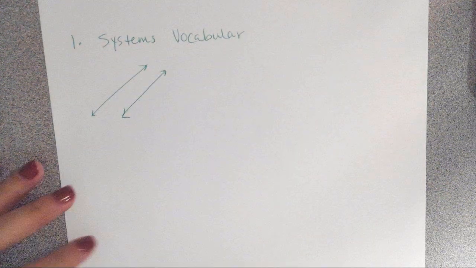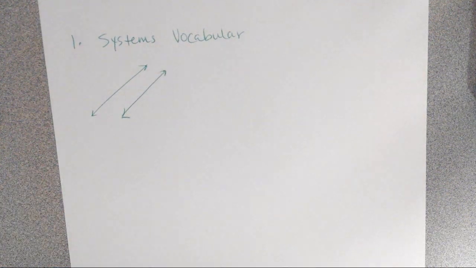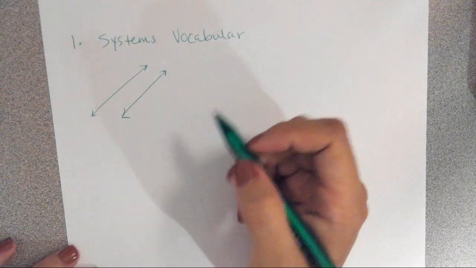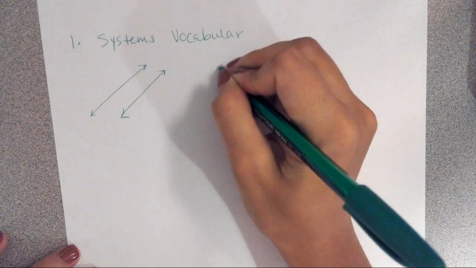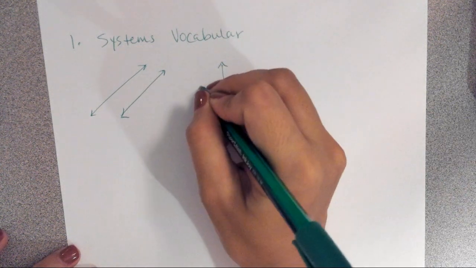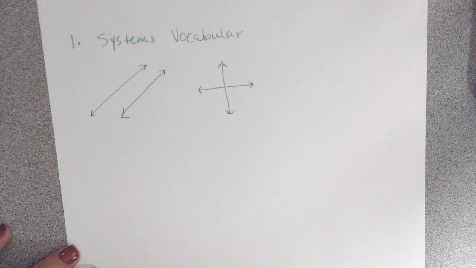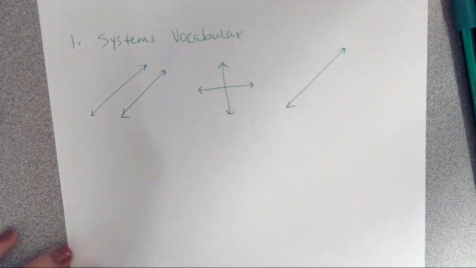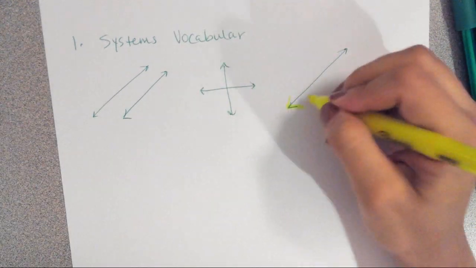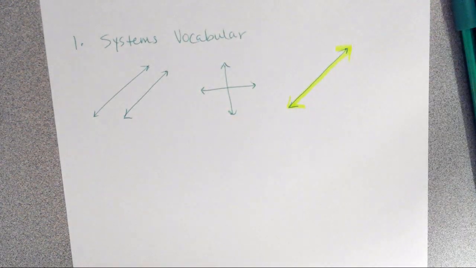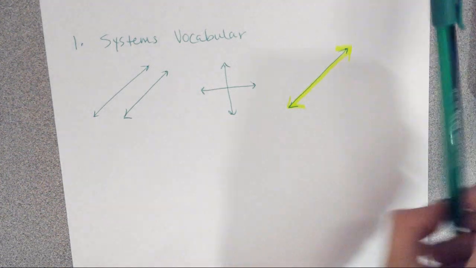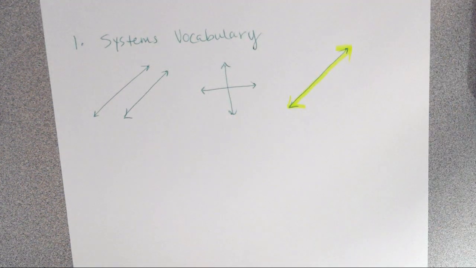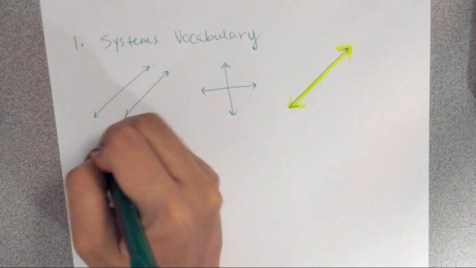We have a set of parallel lines, a set of perpendicular lines, and then we have where the line is the same line. Just like that. And I just forgot a Y for vocabulary. There we go. Alright, so the first one is these are parallel lines.